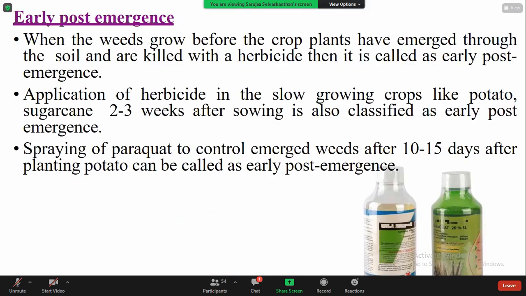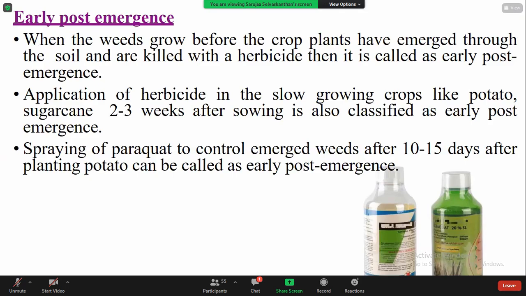Then early post-emergence. When the weeds grow before the crop plants have emerged through the soil and are killed with the herbicide, it is called early post-emergence. Application of the herbicide in a low-growing crop like potatoes or sugarcane, 2 to 3 weeks after the sowing, is also classified as early post-emergence.